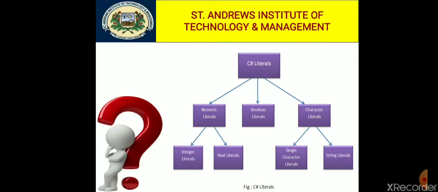If we talk about a single character constant, it is enclosed in single quotes, and a string constant is enclosed in double quotes. A single character constant is basically an alphabet, letter, or number, but a string constant is a collection of alphabets enclosed in double quotes.